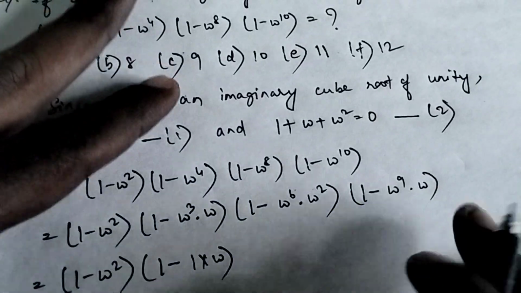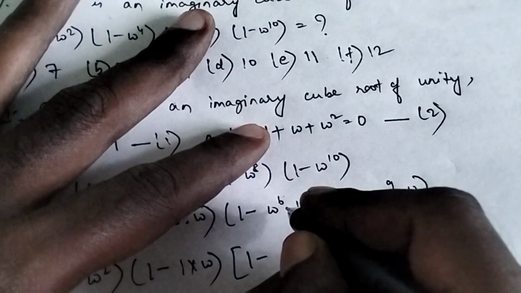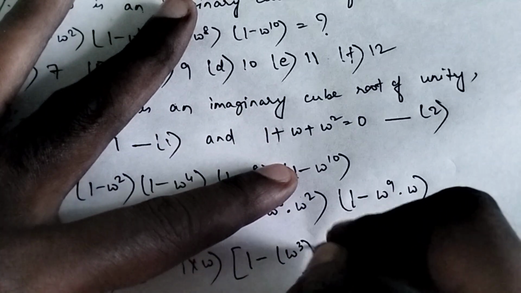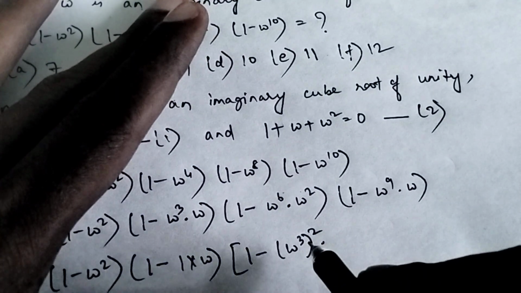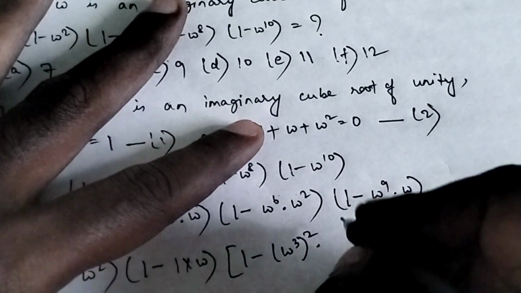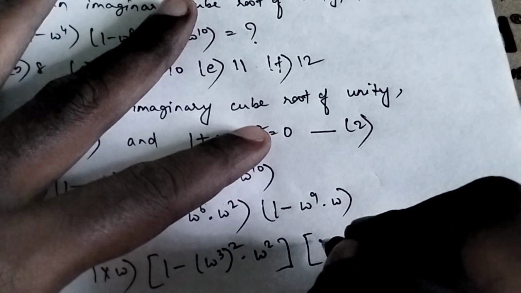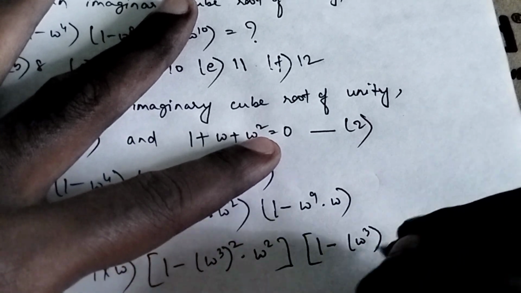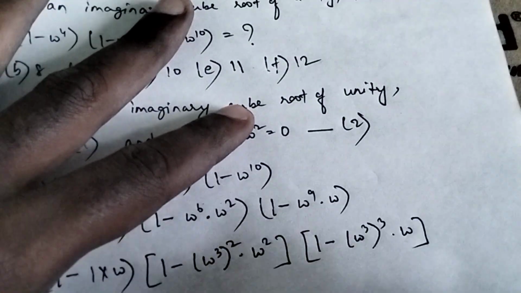So 1 minus omega to the power 6 can be written as omega cube whole square. Then again we have omega square over here. Similarly this one also, omega to the power 9 can be written as omega cube whole cube. Then again we have omega.